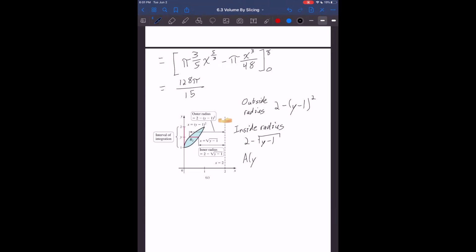And so what that means is that our area of a cross section at a y value of y is going to be equal to pi times the outer radius squared, so it's 2 minus (y minus 1) squared, and all of that is squared, subtracted from the inner radius squared.